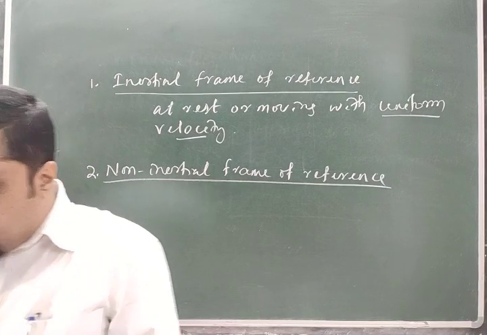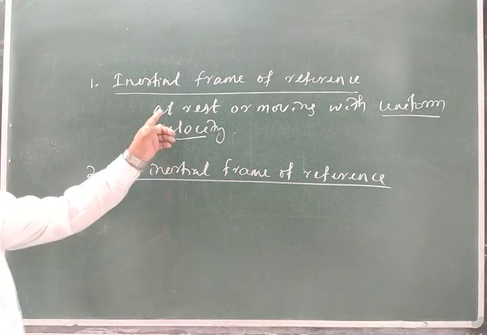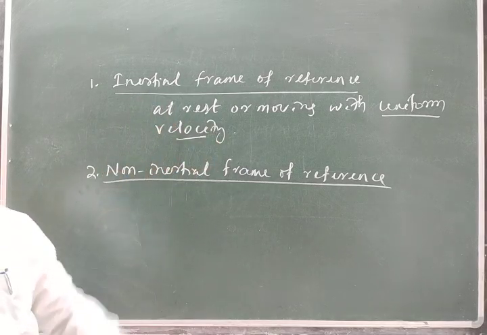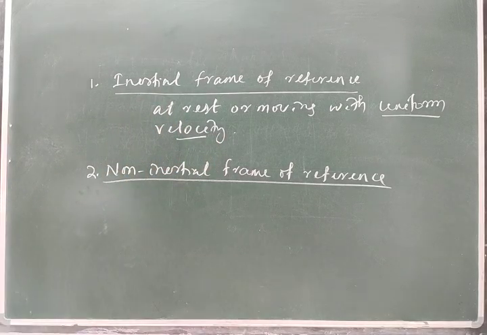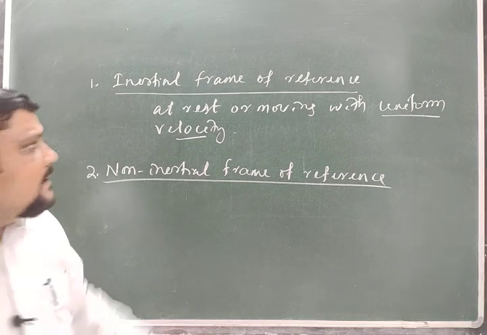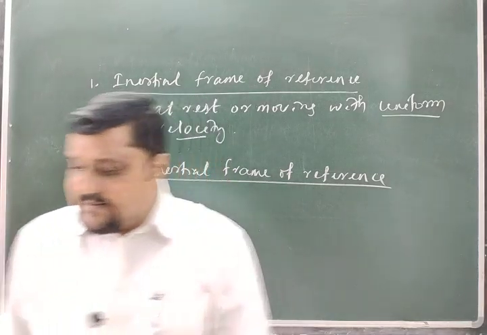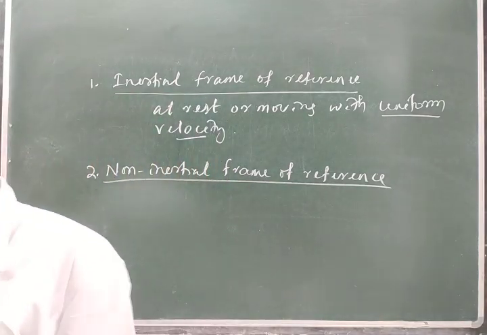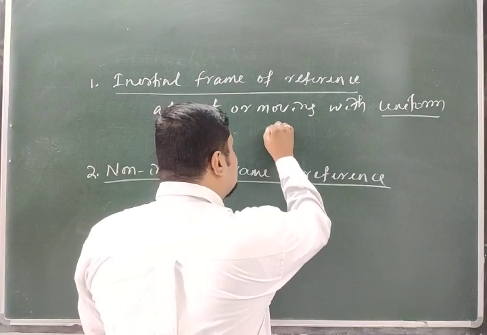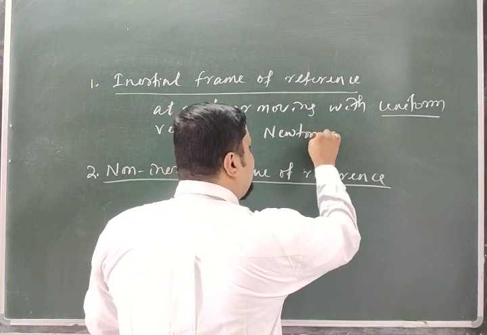So a frame of reference which is at rest or moving with uniform velocity is called the inertial frame of reference. In this inertial frame of reference, remember one thing, we will discuss Newton's laws of motion, that already you know.